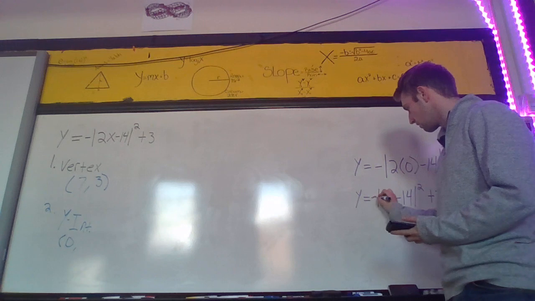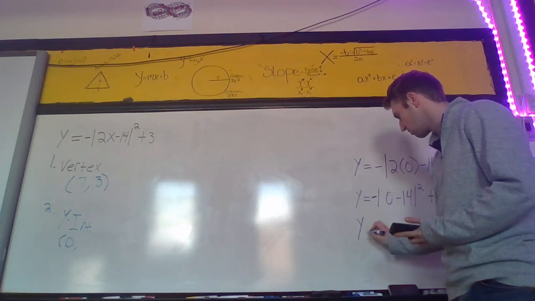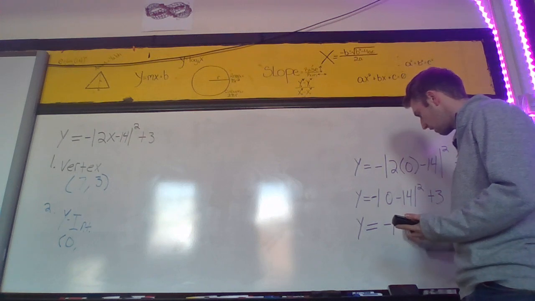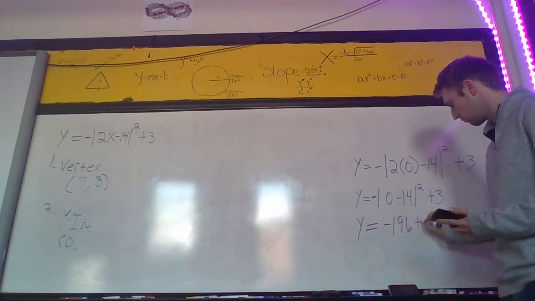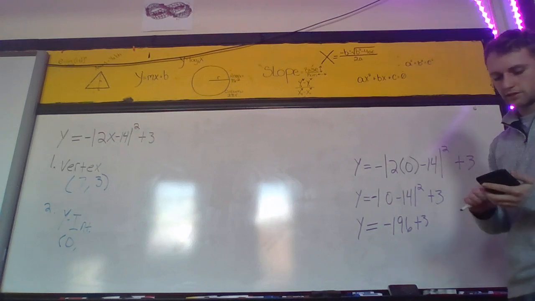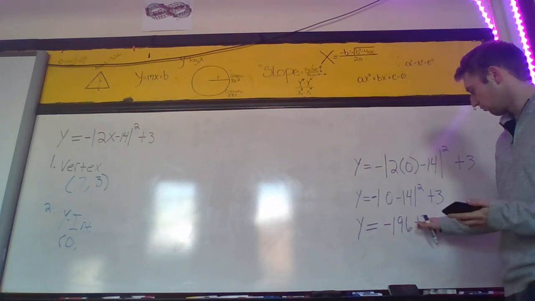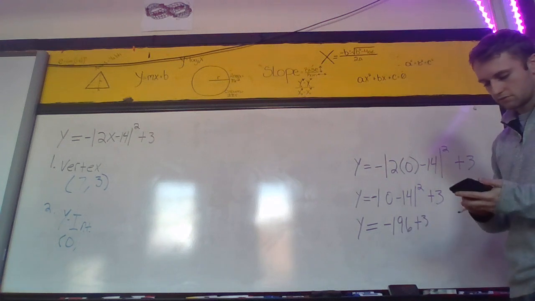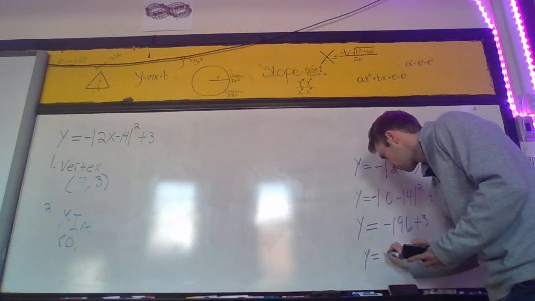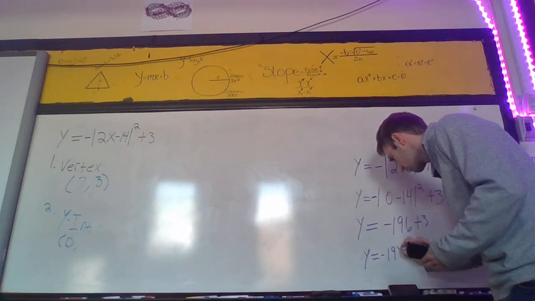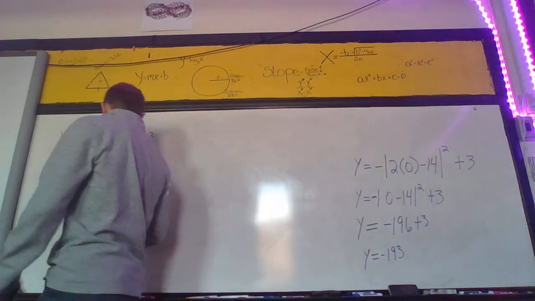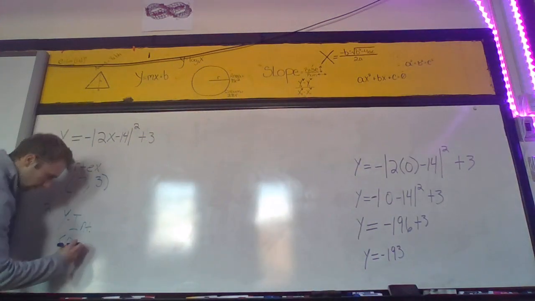Seeing as we've got this minus symbol out in front, y is equal to negative 196 plus 3. I add 3 to the negative 196, and I get negative 193. So our y-intercept is going to be at (0, negative 193).